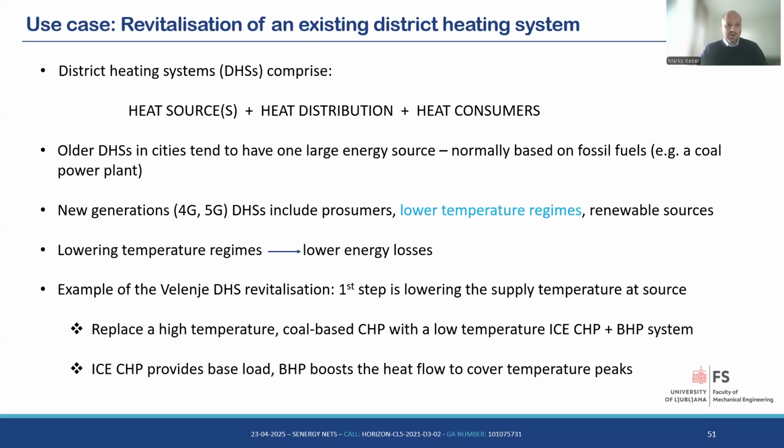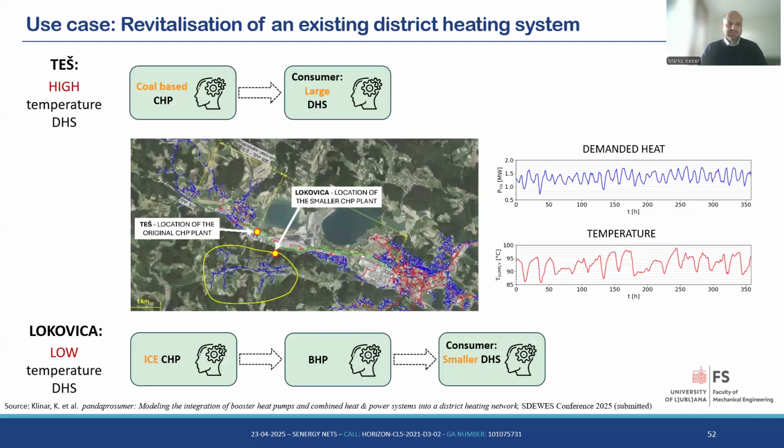Our idea is to replace a bigger CHP that burns lots of coal with a smaller one that uses natural gas, an internal combustion engine and a booster heat pump. This is what it looks like.